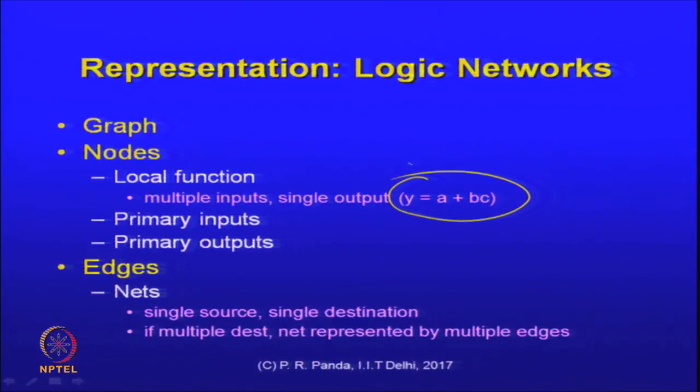That is a node into which there are 3 incoming edges, each of A, B and C may be a primary input, or it could also be the output of some other node, some other function, and the output here would be a single edge. If that y is connected to many different nodes, then you would have different edges from that node to all the other nodes, all of them having the value of y.